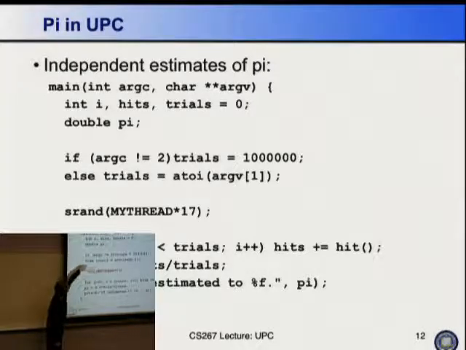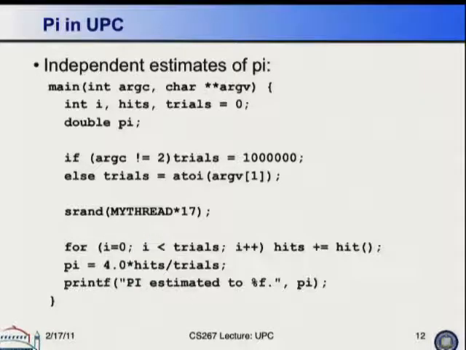If you don't recognize the C syntax, this is just getting some arguments from the user about how many trials, how many darts you are going to throw. Then you seed a random number generator, and you call a function called hit, which gets the random numbers out and looks to see whether they're inside or outside of the unit circle, and then you divide that by the total number of trials and multiply by 4 to get pi.